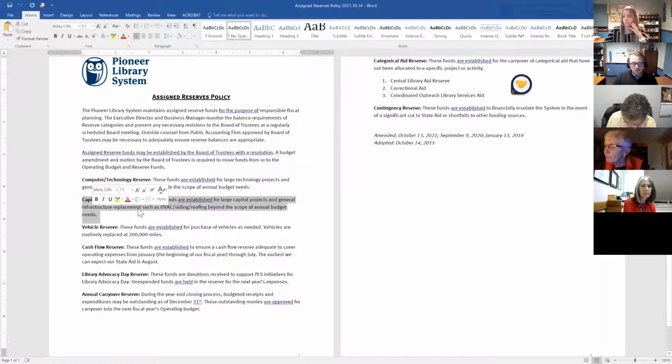And right here for the system, we have our capital improvement reserve. These funds are established for large capital projects and general infrastructure replacement, such as HVAC, siding, roofing, beyond the scope of the annual budget needs. So this is a fund that we put money into at the end of every year. We budget for it just to make sure that we have those funds when we do actually have to go and do that work.